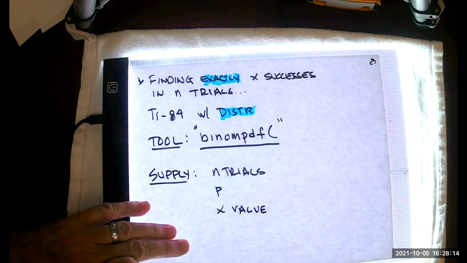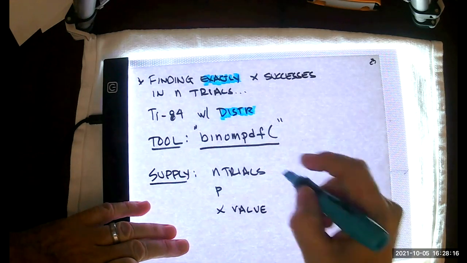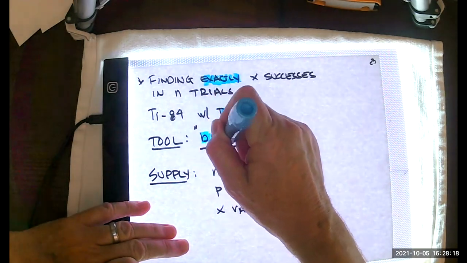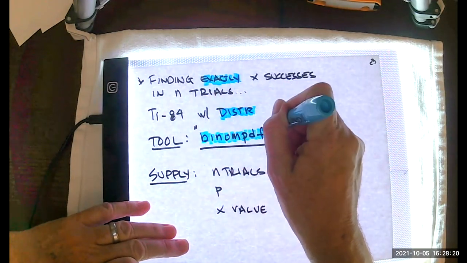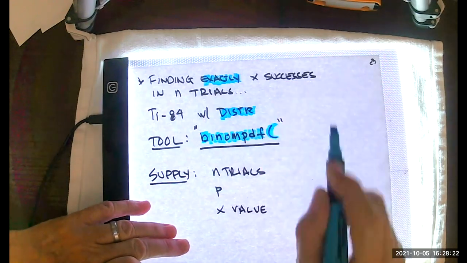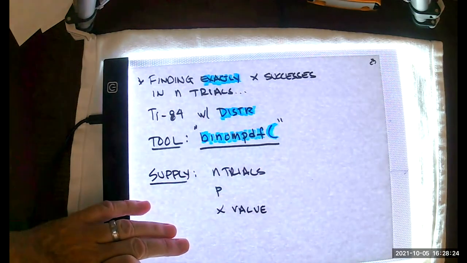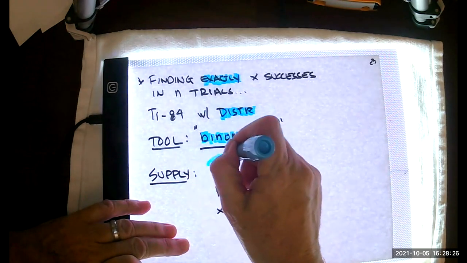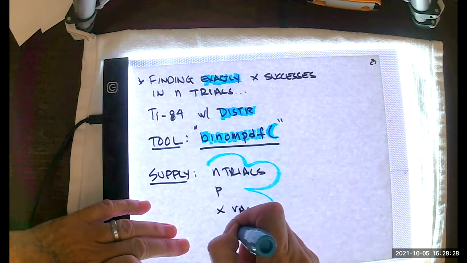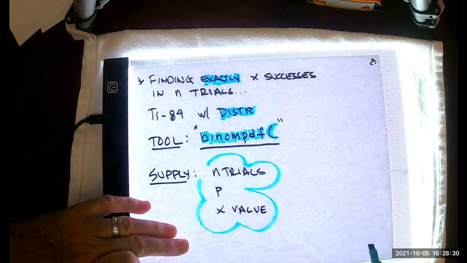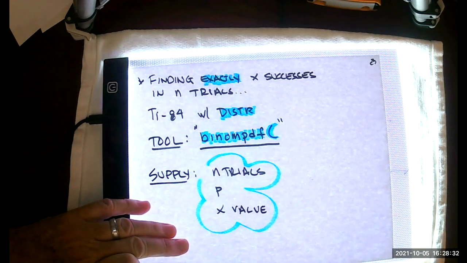And under that distribution menu, I have binomial PDF, and it's got an open parenthesis there. I need to supply something. I need to supply N trials. I need to supply P, the probability of success in any one trial, and I need to supply the X value, the exact number of successes of interest.